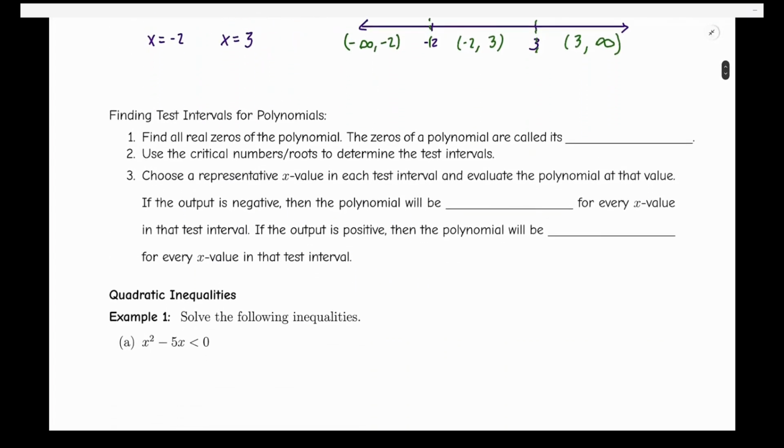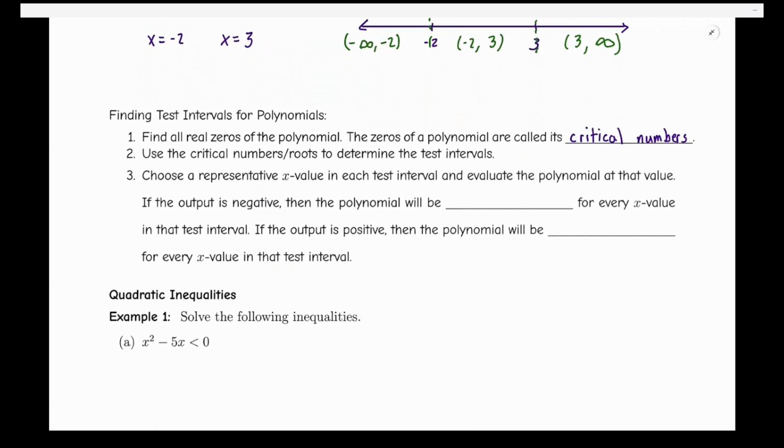Finding test intervals for polynomials. Find all real zeros of the polynomial. The zeros of polynomials are called its critical numbers. Use the critical numbers to determine the test intervals. Choose a representative x value in each test interval and evaluate the polynomial at that value.